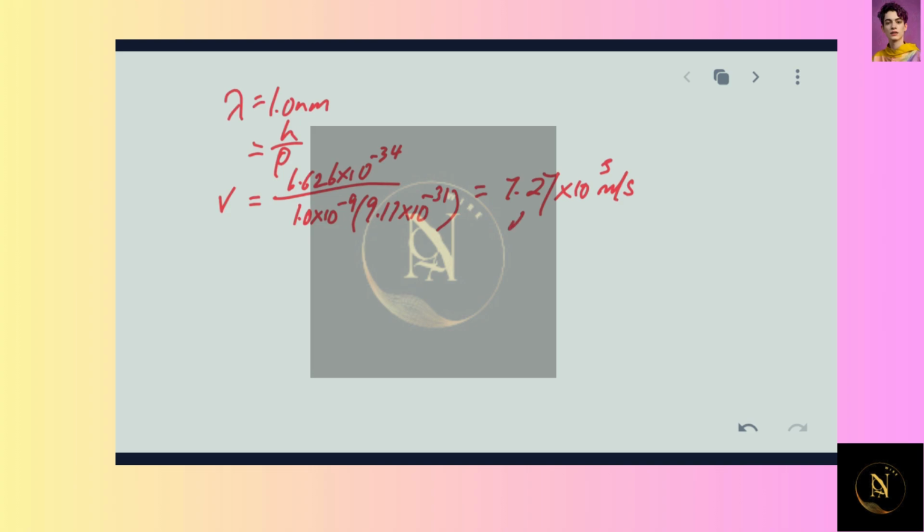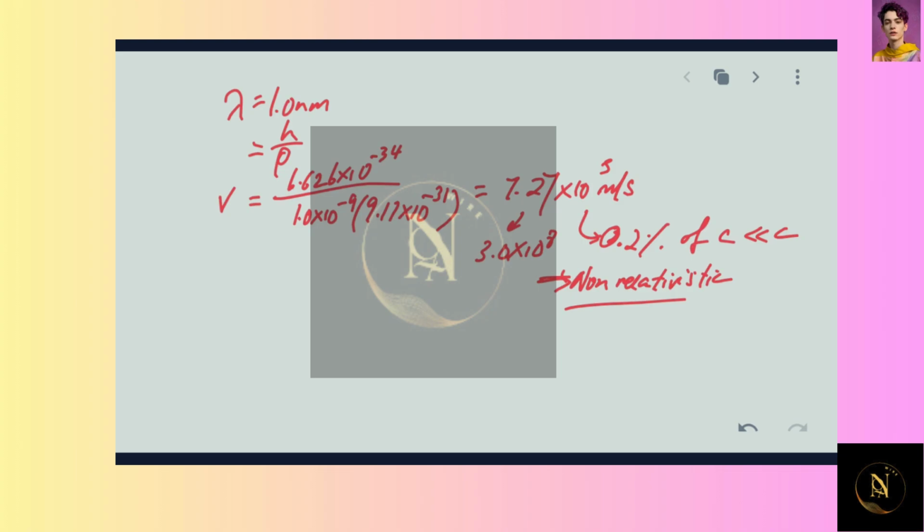Now compared to the speed of light, which is 3 times 10 to the power 8, this is approximately 0.2% of the speed of light, so it is much smaller than c, therefore it is non-relativistic. We can ignore relativistic effects.